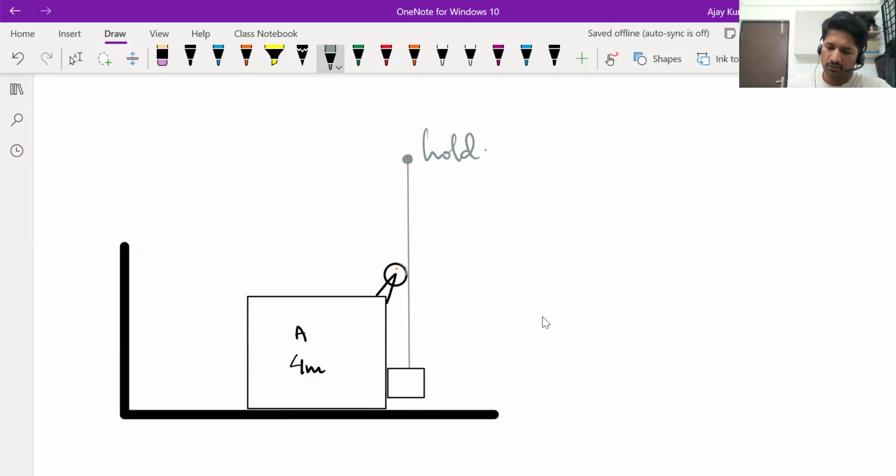Now, you try to move this point of suspension to the left. Then what will happen? The string will start bending near the pulley. This part of the string may remain vertical, but the upper part bends.